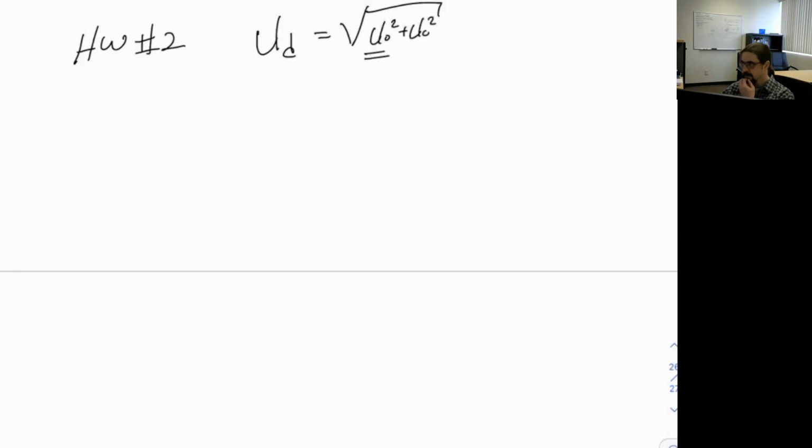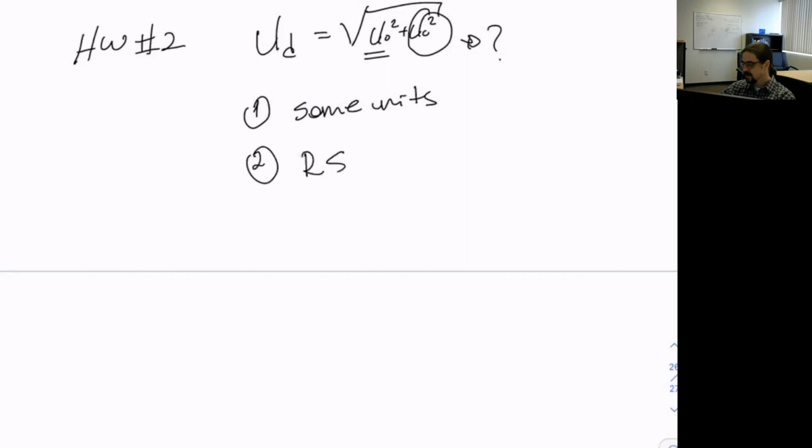Since we figured out what U0 squared was, your job in the homework is to figure out what the instrument error is. Again, you've got to do two things. One, same units: you have to compare and bring everything back to the same units. And number 2, you're going to use RSS to combine them.